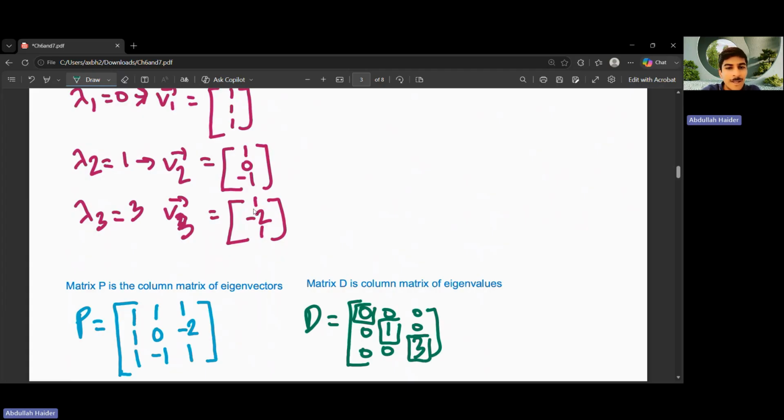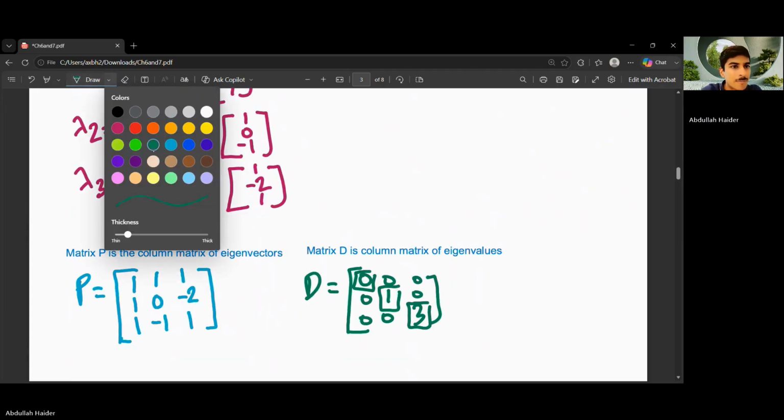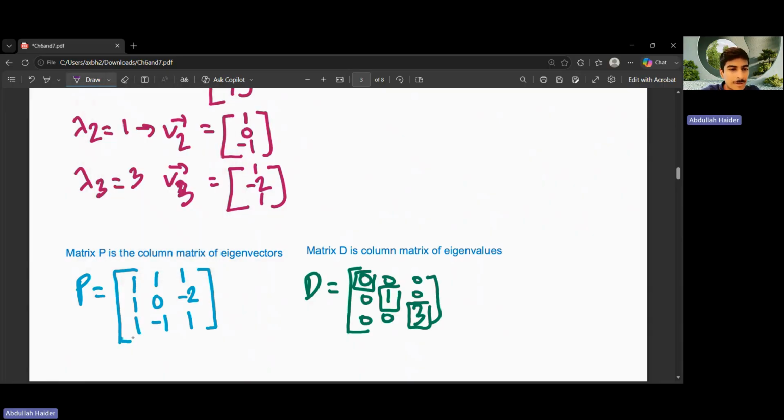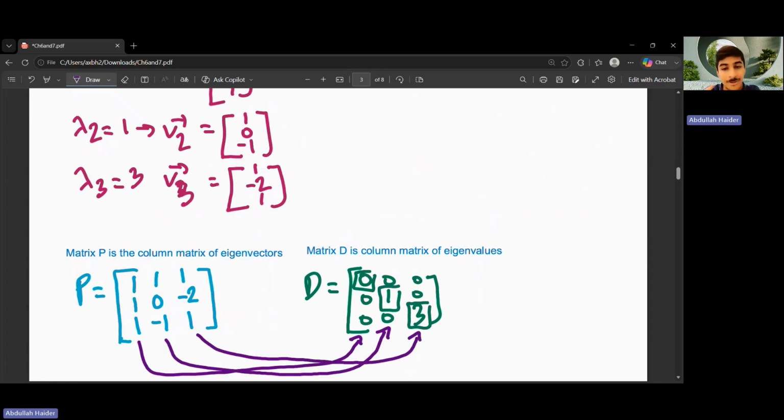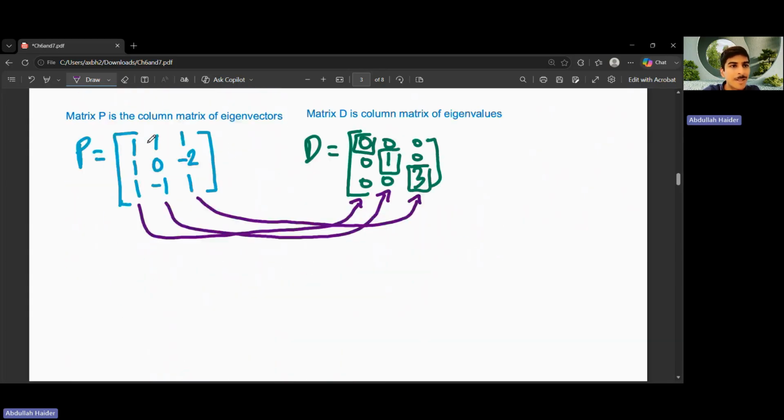You should also notice that this column corresponds to this column, and so on for each column. They should be matching. This eigenvector should match eigenvalue 0, this eigenvector should match eigenvalue 1, and this eigenvector should match eigenvalue 3.